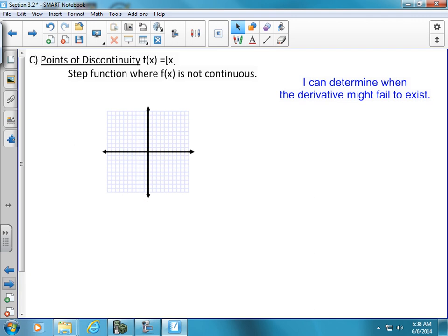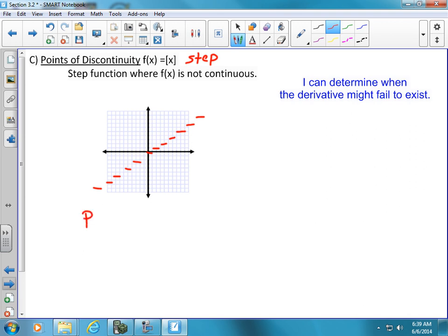A piecewise function shows points of discontinuity. This is called the step piecewise function. It's called the lowest integer function, I believe is what the name of it is. And it looks like this, at every integer. And so at each one of the integer points, there is a point of discontinuity and not differentiable.